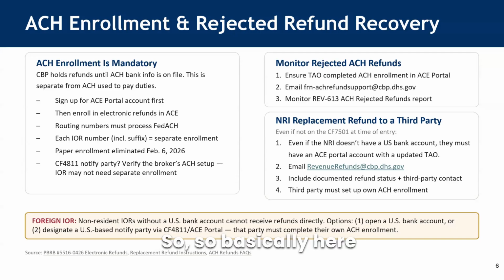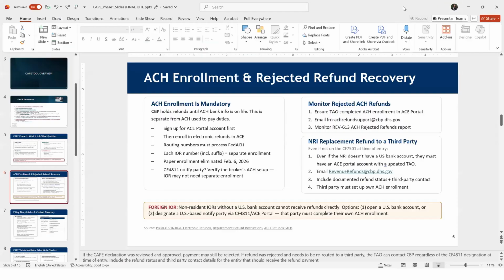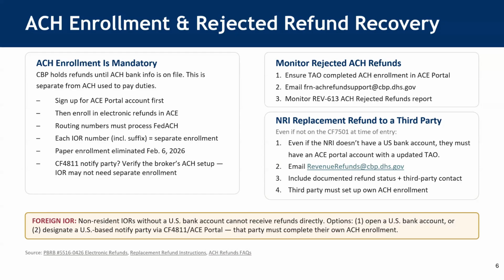So basically here on this slide, it is telling you that, and my notes as well. I actually wrote some notes because I knew there would be questions about this.